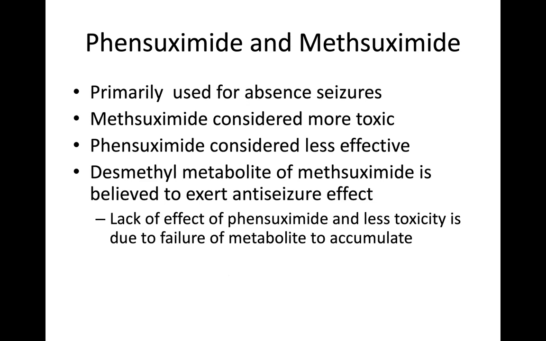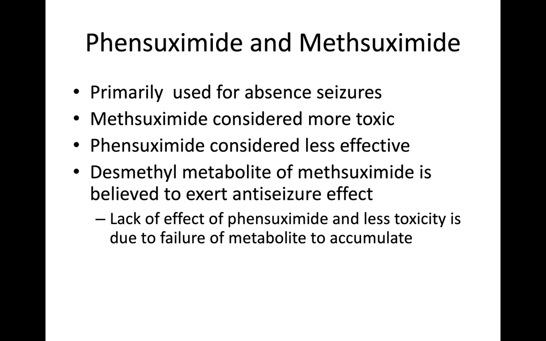The other suximides, which are the fensuximide and methsuximide, the methsuximide tends to be the more toxic of the two, but the fensuximide is less effective. So it's probably a potency thing, where the toxicity and the therapeutic effect are acting on very similar actions there.